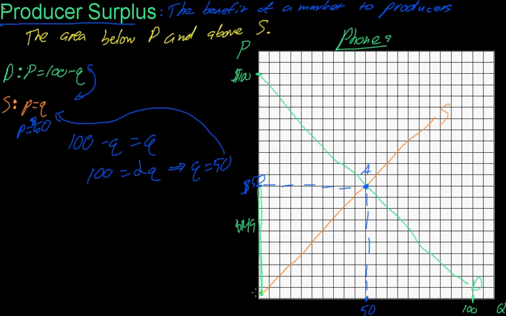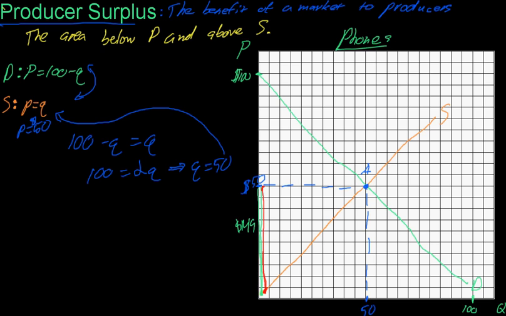Then the next producer in this market would be willing to sell a second cell phone for $2. But he gets to sell it for $50 also, because we have this market where everyone sells their phones at the same price.